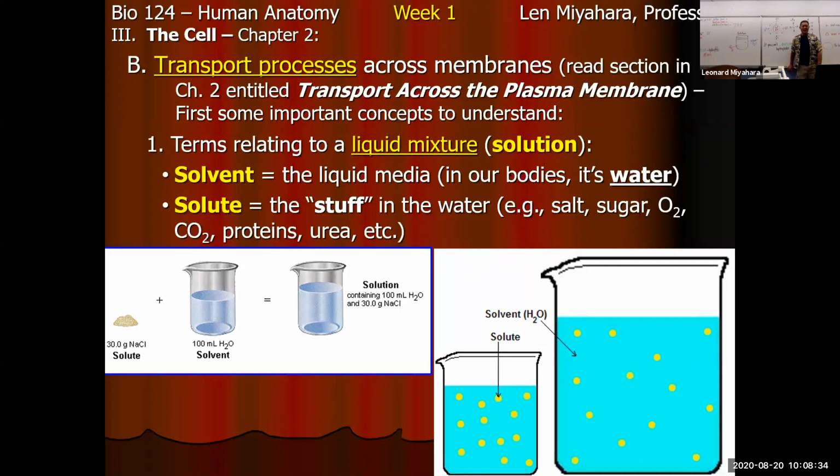What I drew on the whiteboard is basically this. You need to know that any liquid mixture is called a solution. The liquid itself is called the solvent. In biology, in our bodies, it's always water. And then the stuff in the water is called solute, whether it's ions like salts, sodium chloride, or glucose, or oxygen, or CO2.